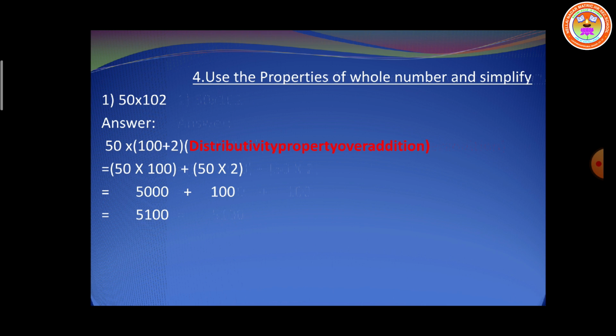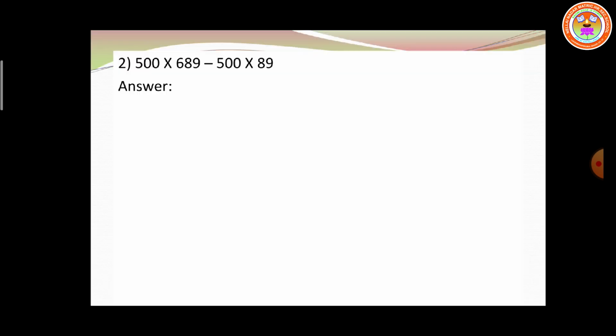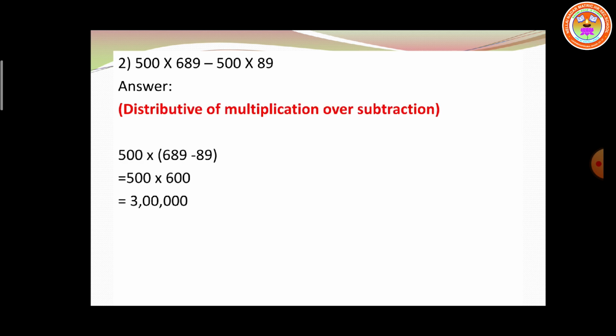I'll move on to the second problem. See, 500 into 689 minus 500 into 89. How to do this problem? This is based on distributivity of multiplication over subtraction. So I'll take 500 as common, 500 into 689 minus 89. 689 minus 89, I will get 600.